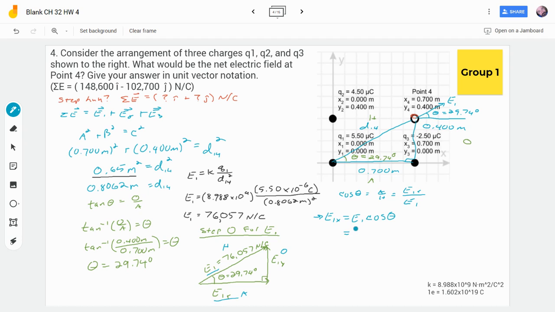So that is equal to E1, again, 76057 newtons per coulomb times cosine of 29.74 degrees, which means E1x is going to be equal to 66039.